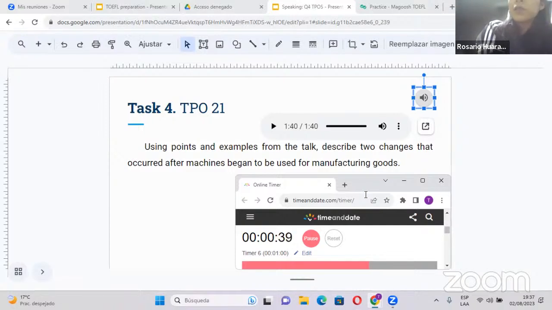And first, the lecture says about the ascension of the handmade things. For example, there were some clocks that were only handmade, but then the machines could make the clock more efficiently, faster, and it was really good in that part.